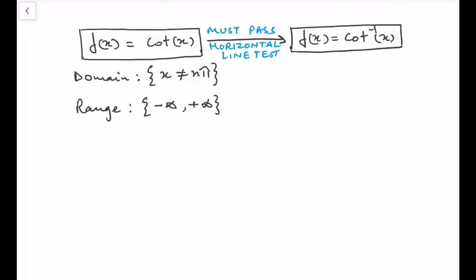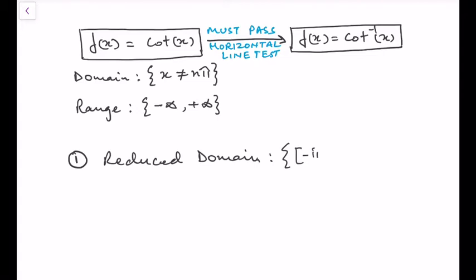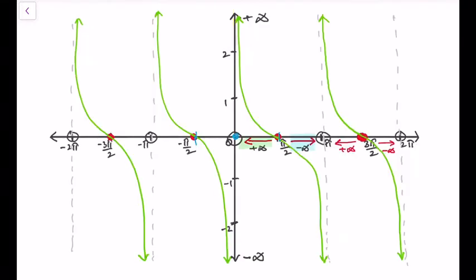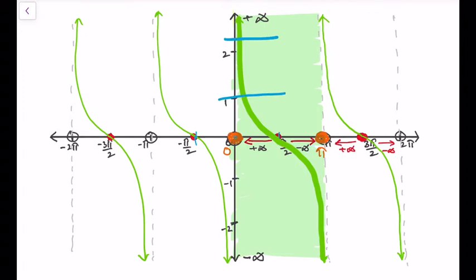So this is one way to find the reduced domain, that is from minus pi by 2 to 0, and then from 0 to pi by 2 where 0 is excluded. Now another reduced domain could be between 0 and pi, because between 0 and pi this function will pass the horizontal line test again.